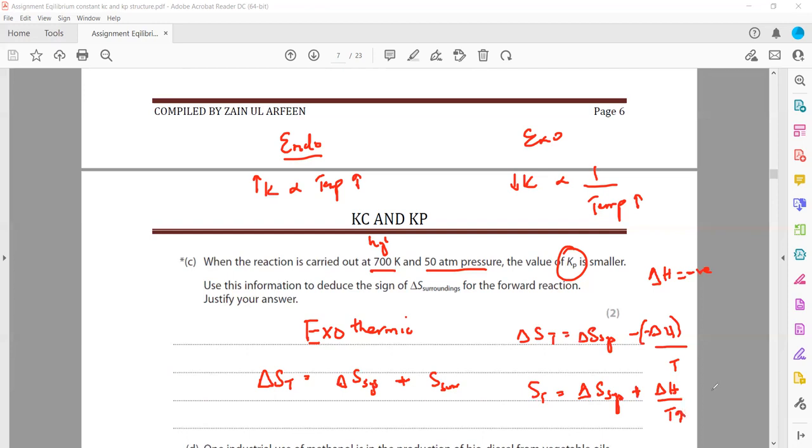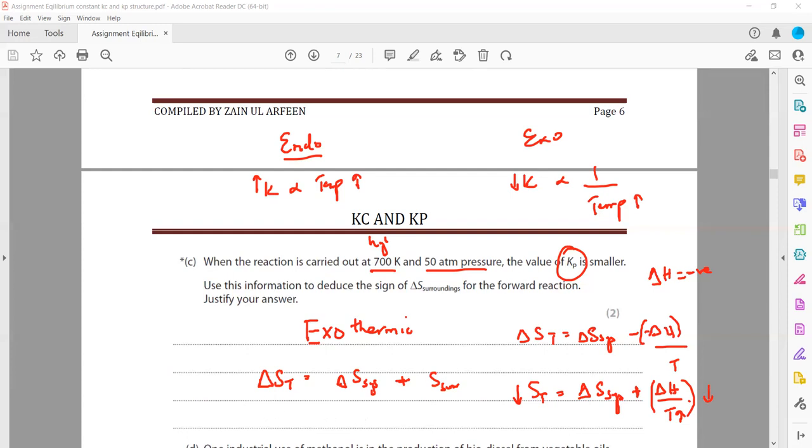When the reaction is exothermic and we increase the temperature, the entropy of the surrounding will decrease. Because the system is constant and the surrounding is decreasing, the sum of system plus surrounding will also decrease. And if the total entropy decreases, what is the relation between entropy and K?